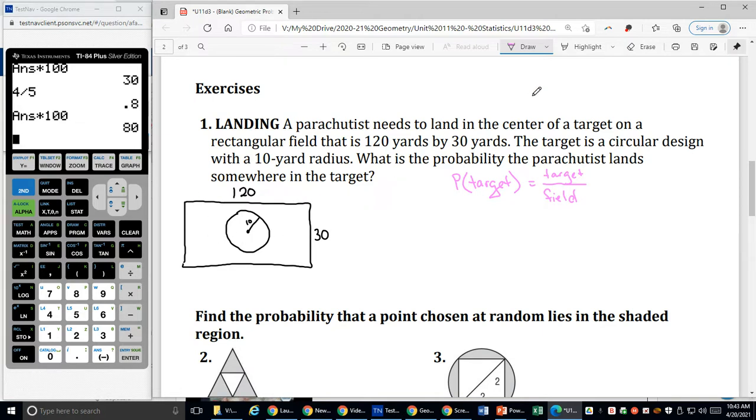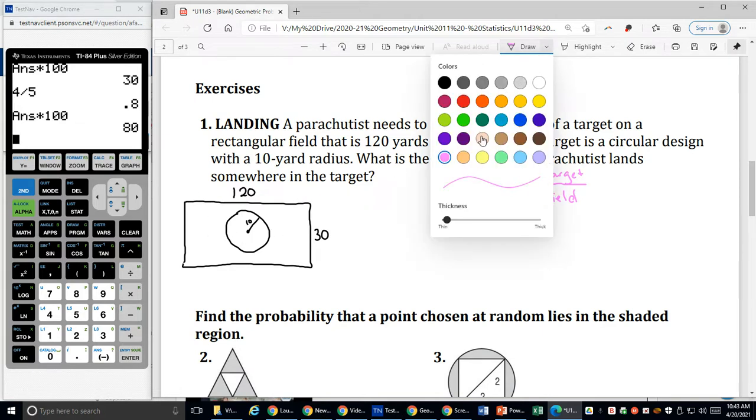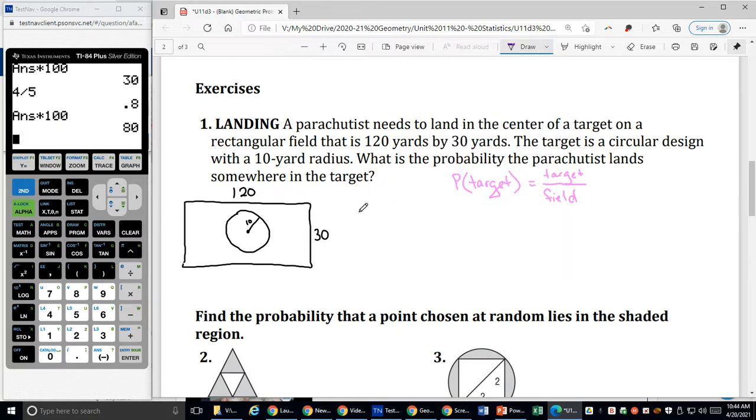Okay, so let's look at the area of the target. My target is the area of a circle, which is pi r squared. And the radius is 10. So that is 100 pi.